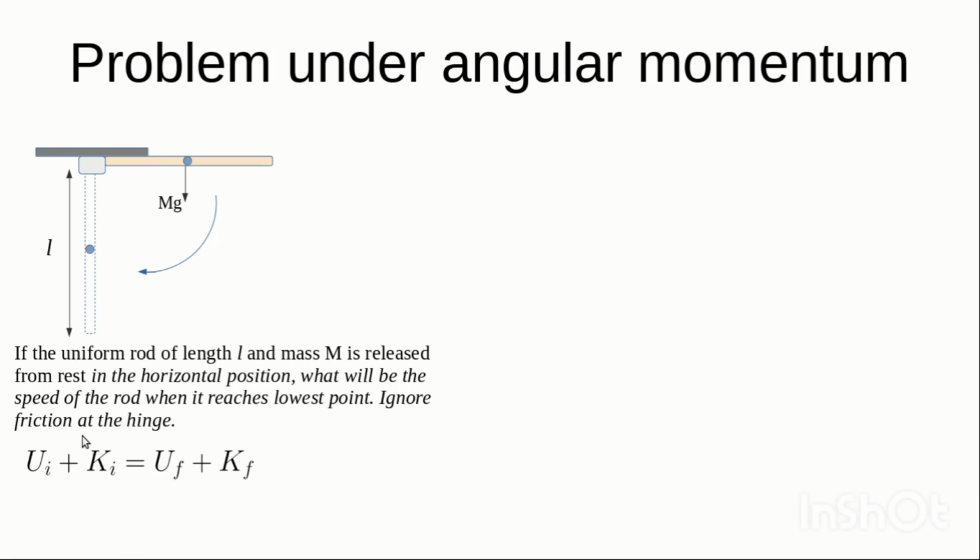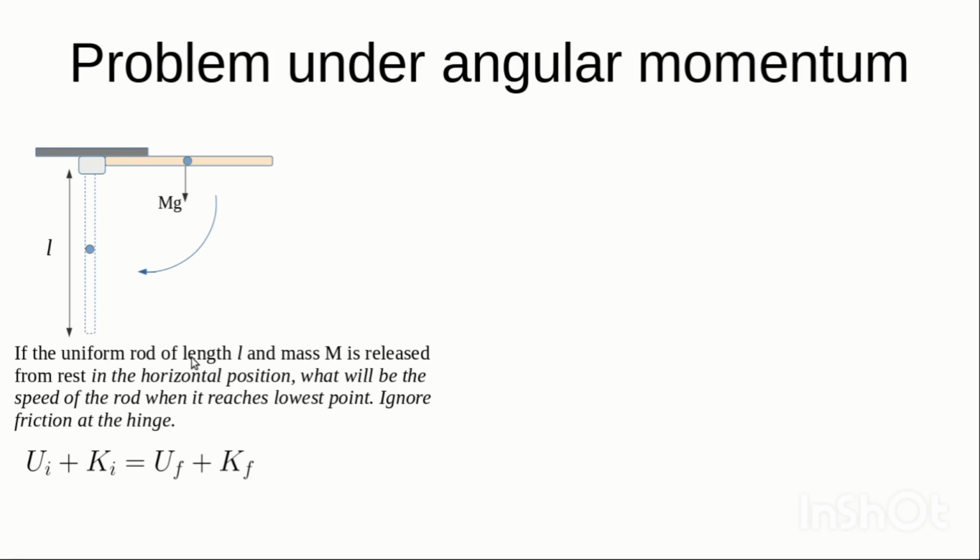At the initial point, the potential energy is mgh, while the kinetic energy is 0, because at this point it is stationary. The potential energy at the final point is 0 because it's at the lowest point. The kinetic energy here is not the usual half of mv squared.